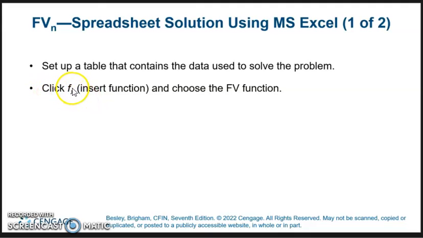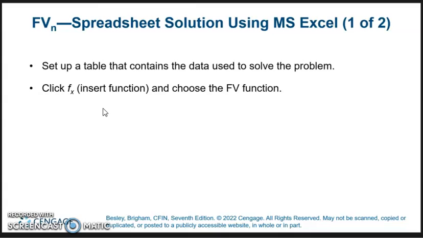You can click on the fx key, or you can just type equal and type in the function. So, for example, equal FV open paren, and that will pull up the future value or present value functions respectively.